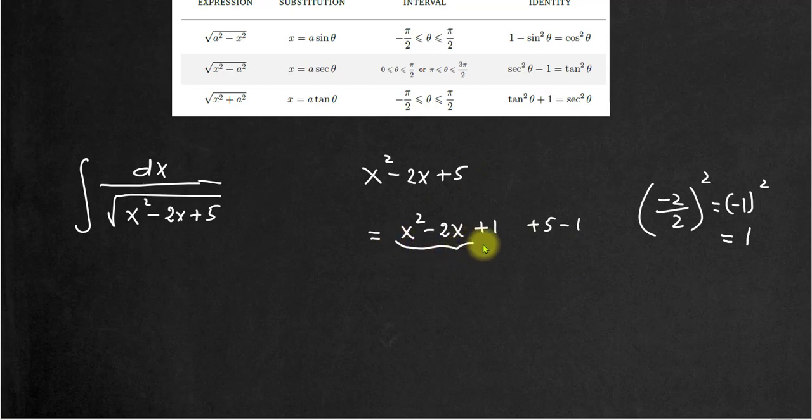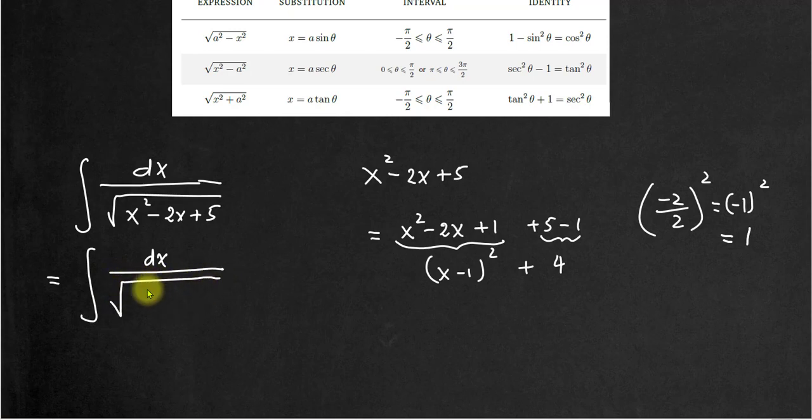Now this trinomial turns into x minus 1 squared, and these two constants become 4. So plus 4. Therefore I can rewrite the integral as dx over the square root of x minus 1 squared plus 4.